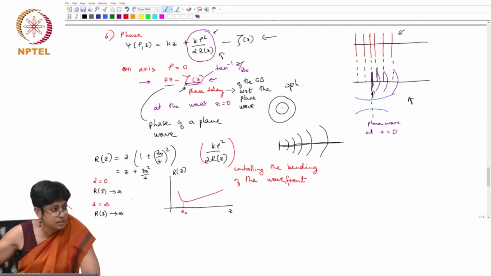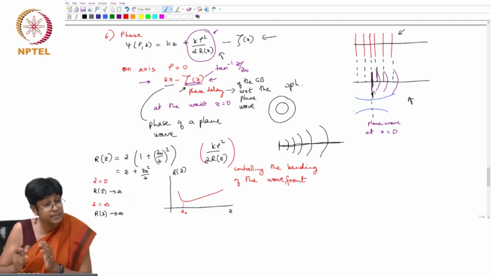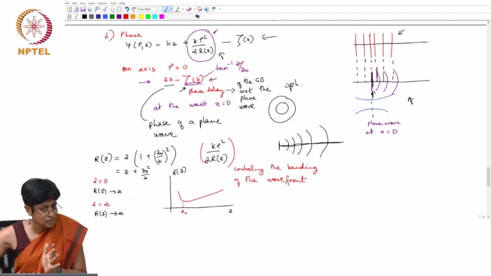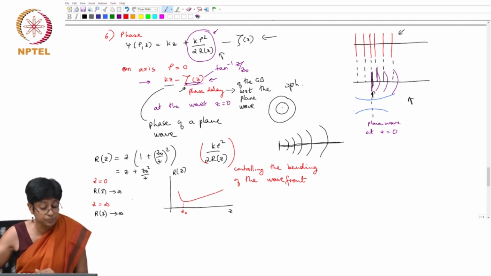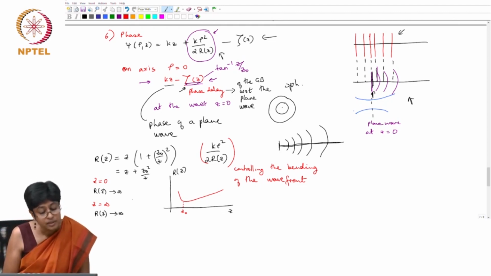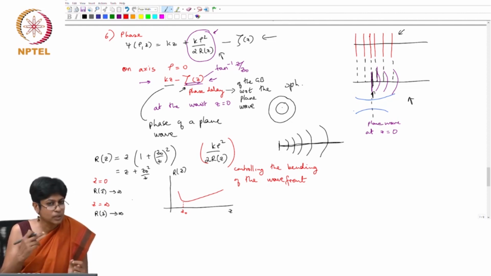As you move further and further away from the waist, the radius of curvature is also going to hit infinity. But of course, that's a slower process, so you have less of a slope there. And you have the smallest radius of curvature actually at the Rayleigh range. So again, another point to reinforce the importance of that Rayleigh range.